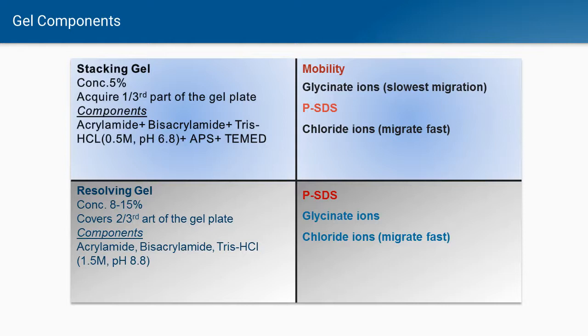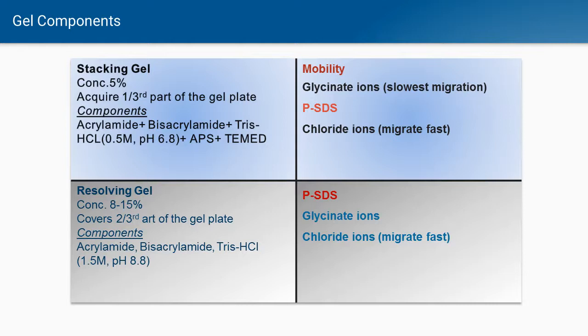This is all due to the change in pH and the configuration that glycine is acquiring. I'll tell you that, but before that, you should observe that the SDS-bound protein is getting stacked between the glycine ions and the chloride ions in the stacking gel.